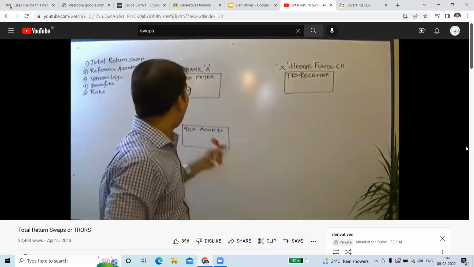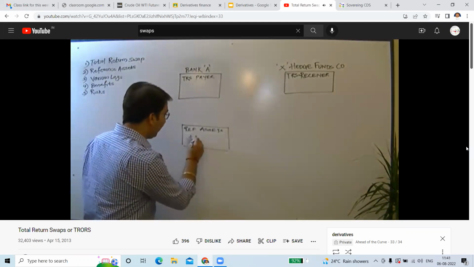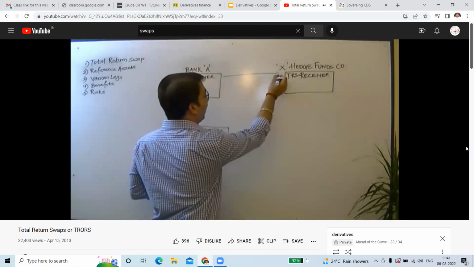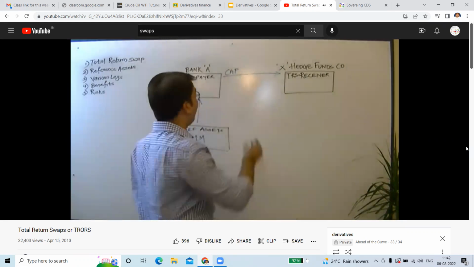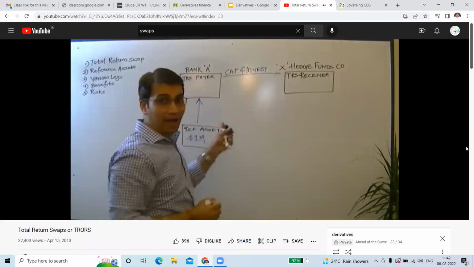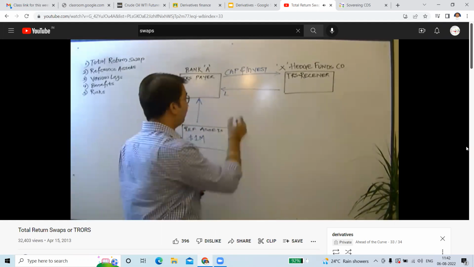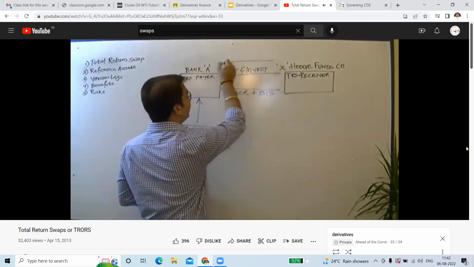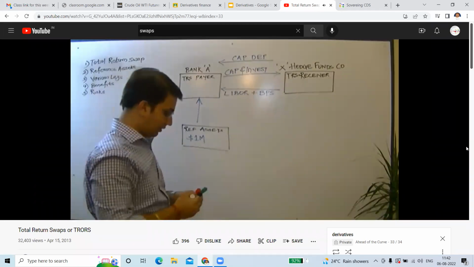X, which is a hedge fund company, approaches bank A: can you please synthetically transfer this 1 million worth of reference asset to me, and transfer all capital and investment benefits to me, and I'm going to pay you back the floating rate, which is nothing but LIBOR plus basis points, and any capital depreciation if it happens to this particular reference asset.